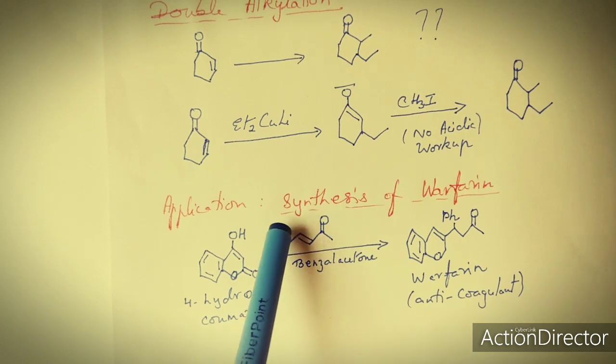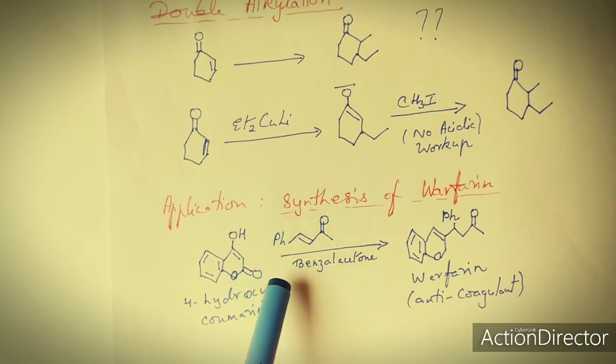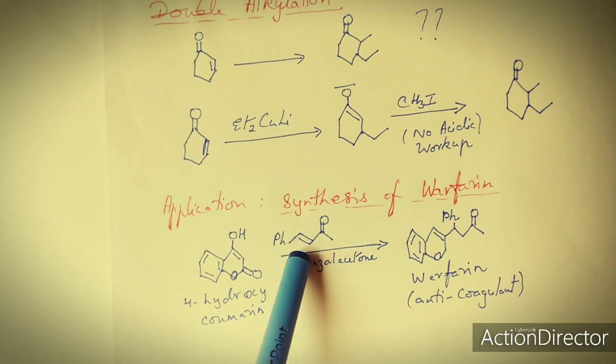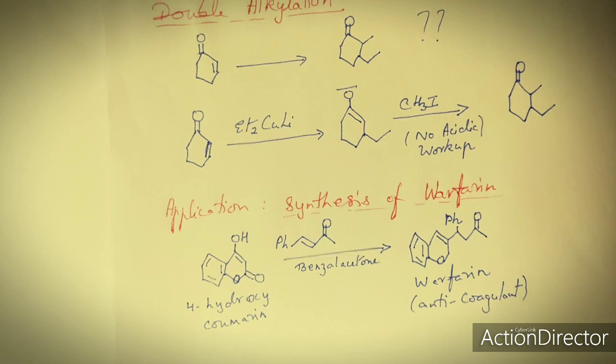Now when this reacts with benzyl acetone, and I'm sure you are able to make out benzyl acetone, again this Michael addition will take place, and we will get our product, the anticoagulant warfarin. So warfarin will be synthesized as a consequence of this reaction.